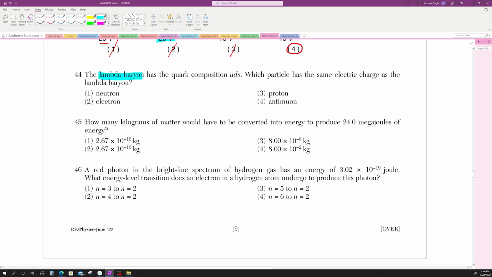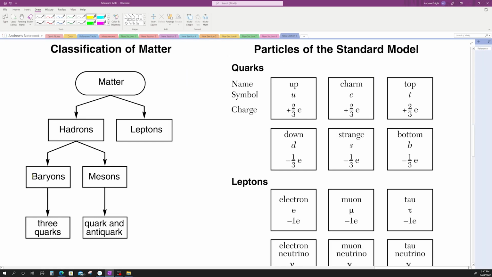The lambda baryon has a quark composition of UDS. What particle has the same electric charge as the lambda baryon? Well, I think we've got to go to the reference table and take a look at what UDS actually means. So here we're talking about a lambda baryon, which is made up of 3 quarks.